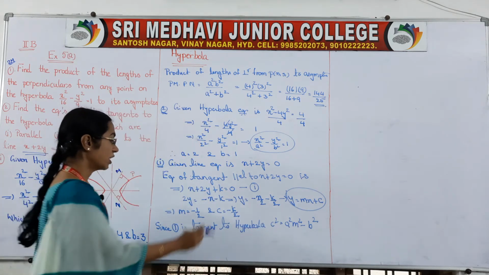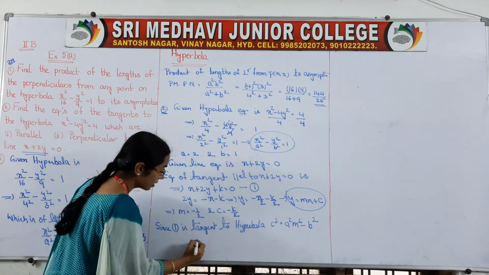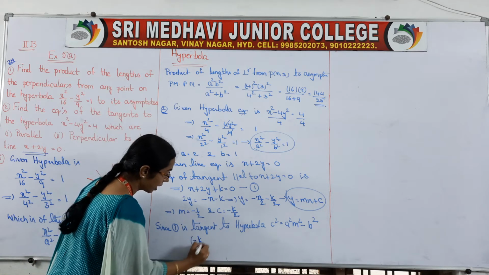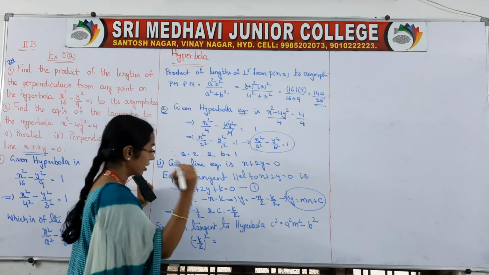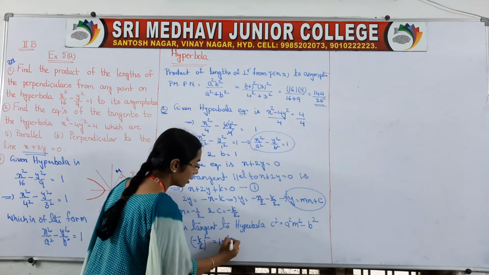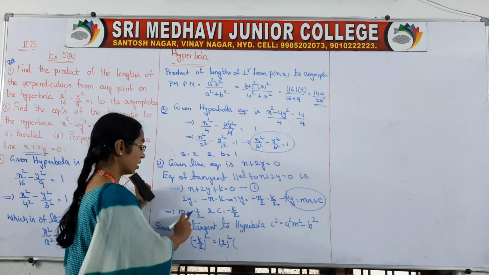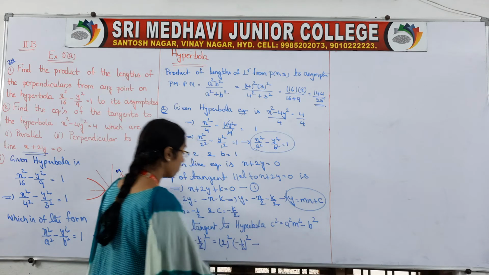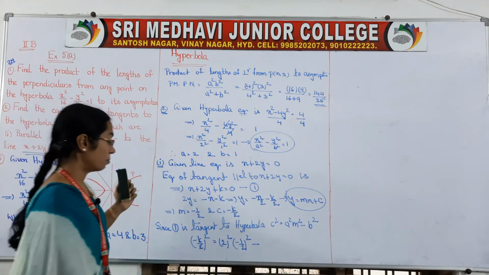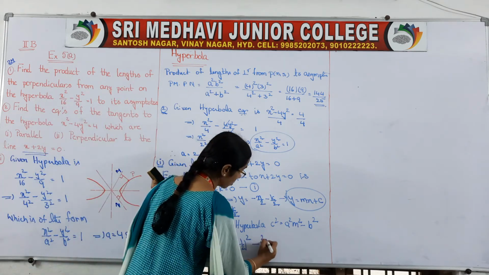Okay. So what is your c value? It is minus k by 2 whole square is equal to a square, a is 2 square, into m square, m is minus 1 by 2 whole square, minus b square, b is 1 square.